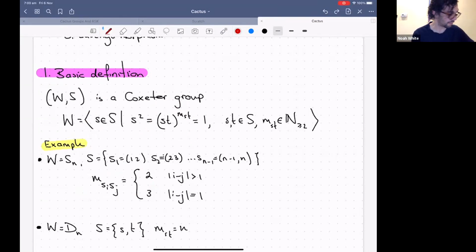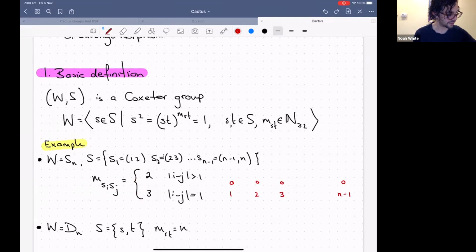One thing that we can do is draw a little diagram where we have vertices labeled by the generators, and then we draw an edge between every pair of vertices and label it with a number according to the order of their product.